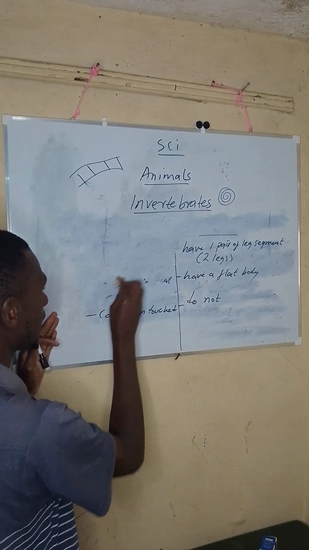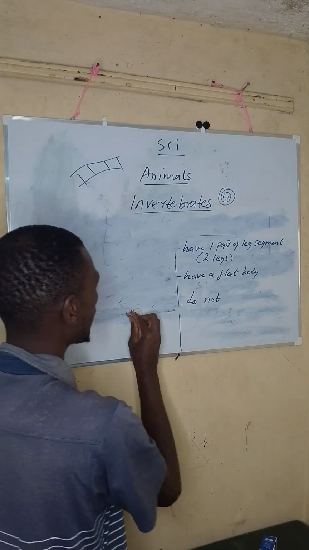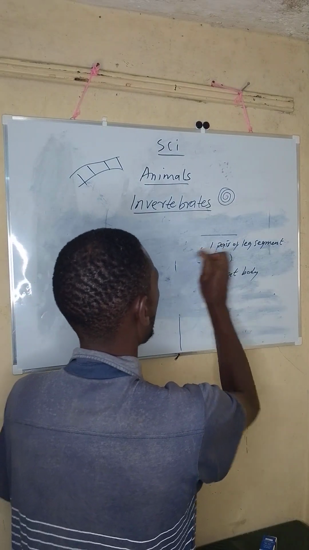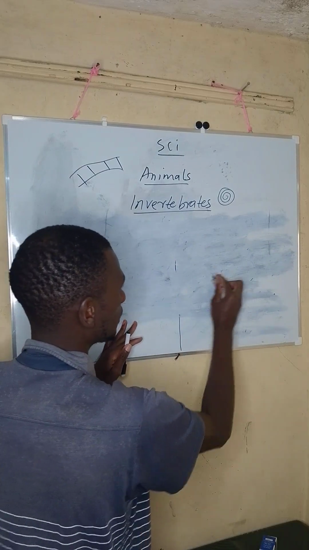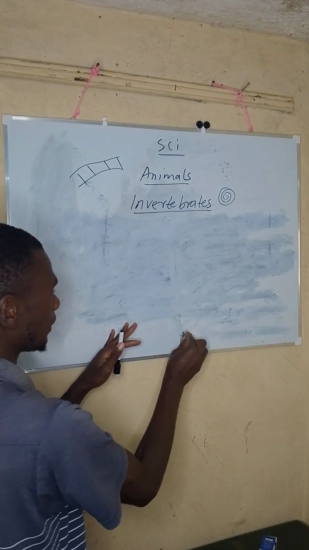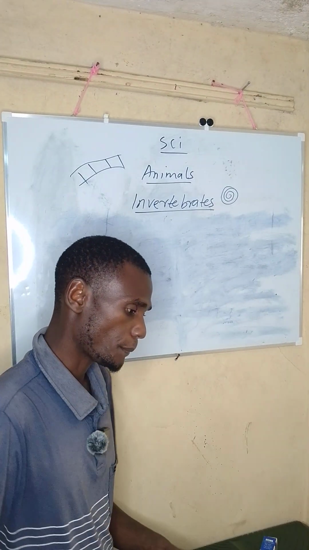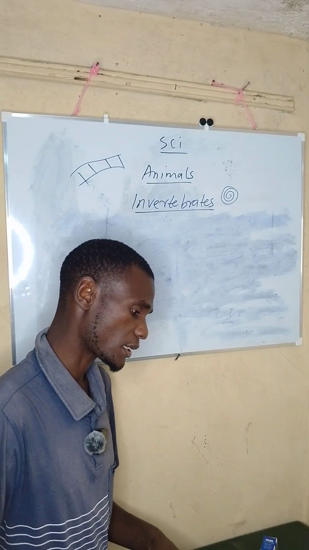Let us look at the differences. I think the difference is only one. The snails have the shell. The slugs don't. I think that is the only difference.